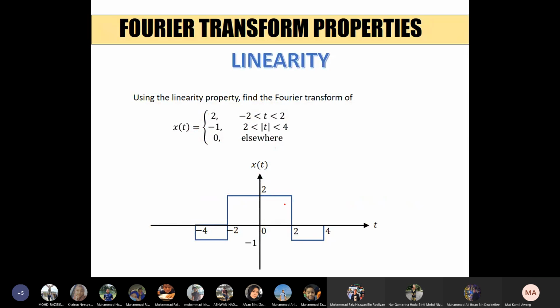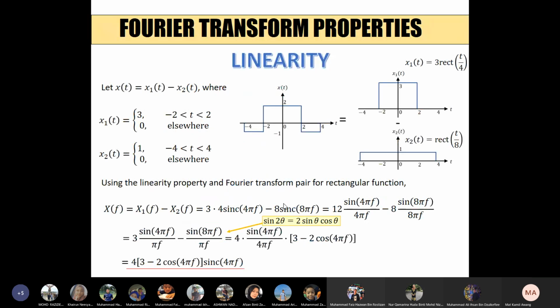So to demonstrate the linearity property, we can let x1 of t minus x of t. Okay, so x1 is represented by this. X1 is actually this function. Okay, x2 is this function.